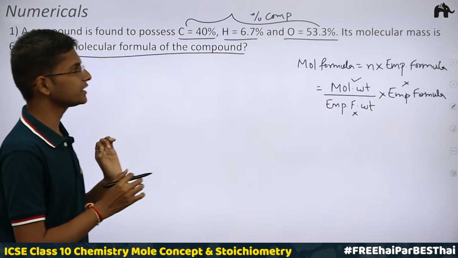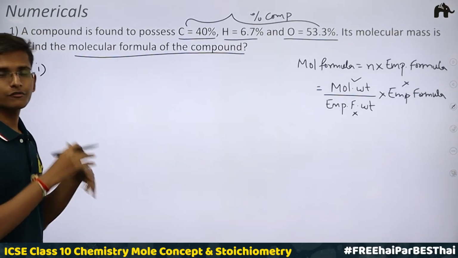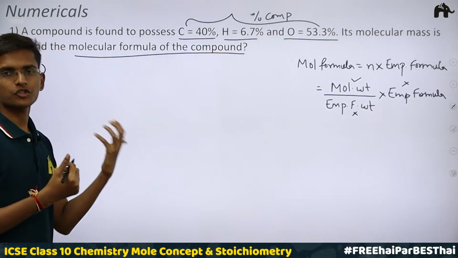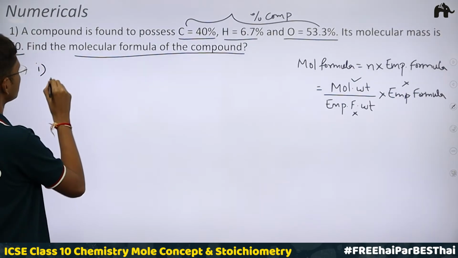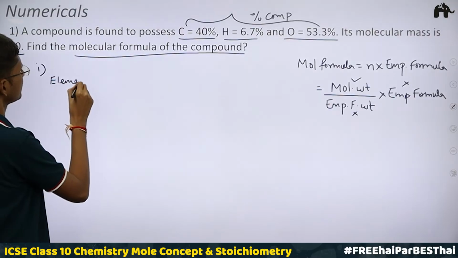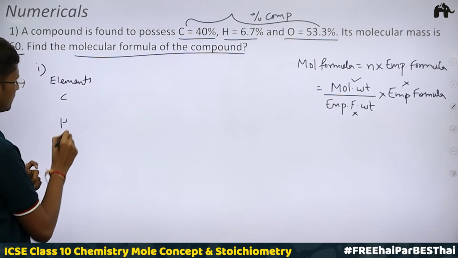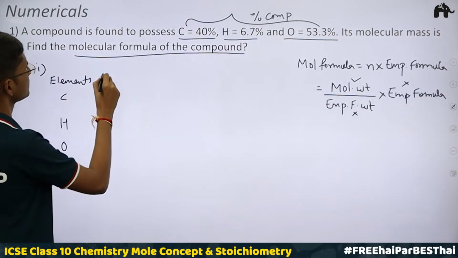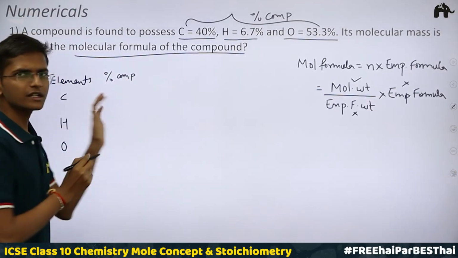So let's start by finding the empirical formula. How to find empirical formula? We have done 4 or 5 questions on it, so I hope you know it very well. Make a simple table. Which elements are there? Carbon, hydrogen, oxygen. Then percentage composition, or you can write percentage by weight.